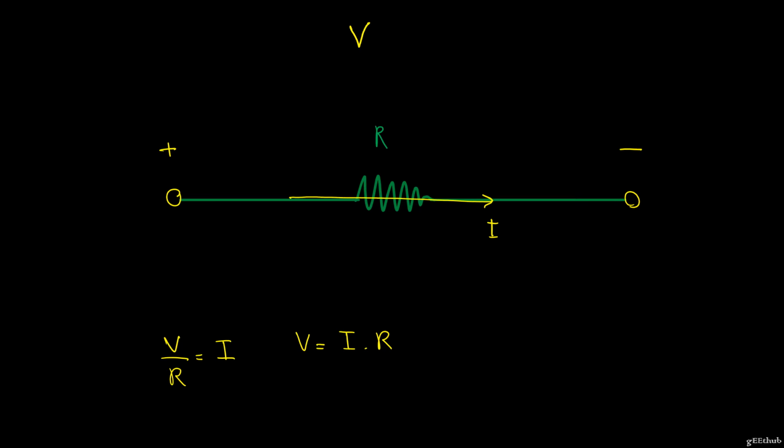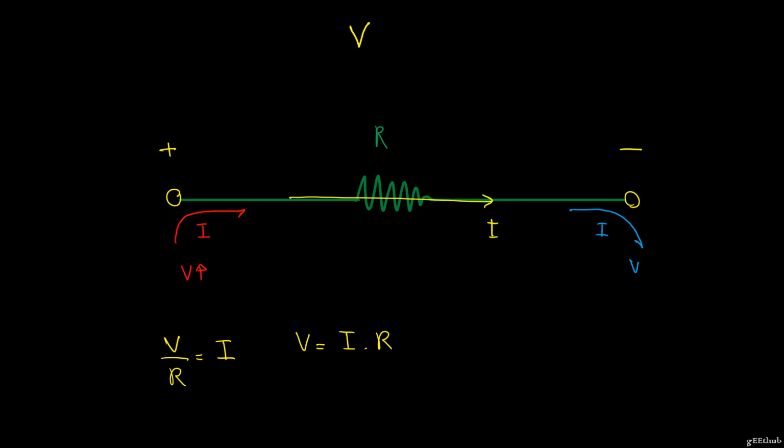Now, what is the reason why current goes from positive to negative? If you remember, we said that resistors consume energy. So my current, when it enters the resistor, must have higher potential than when it leaves my resistor, because it loses potential to the resistor.